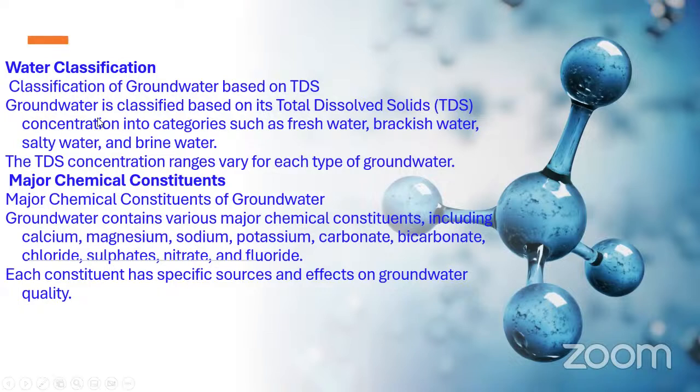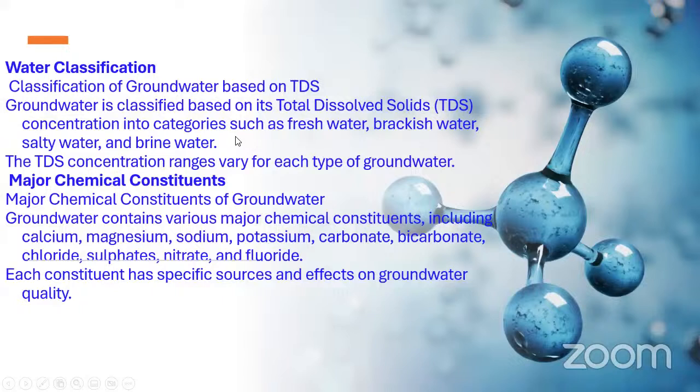Now we are talking about water classification based on TDS ranges. Based on TDS concentration, water is divided into categories such as fresh water, brackish water, salty water, and brine water. For each of fresh, brackish, and salty water, there are particular TDS values.